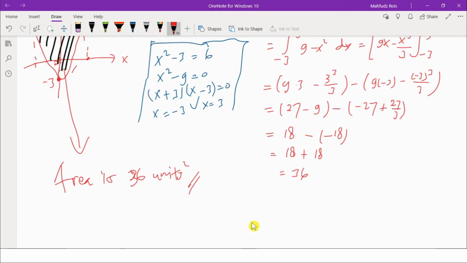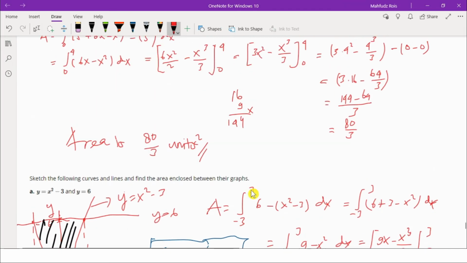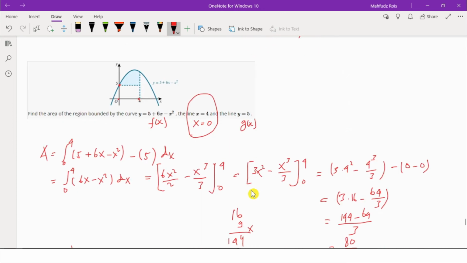All right, this is how we can find the area bound by a curve and a line, or by two curves, right? So inshallah it will be easier for you when watching this. Okay, see you in the next video.